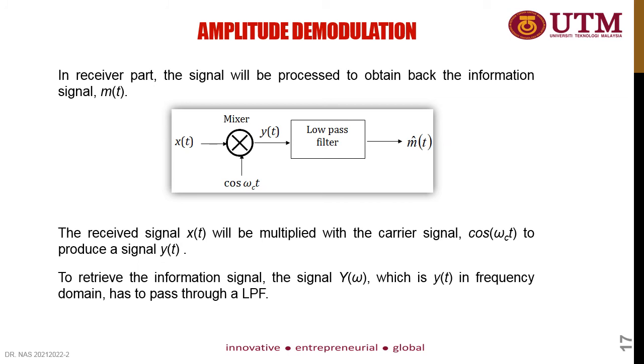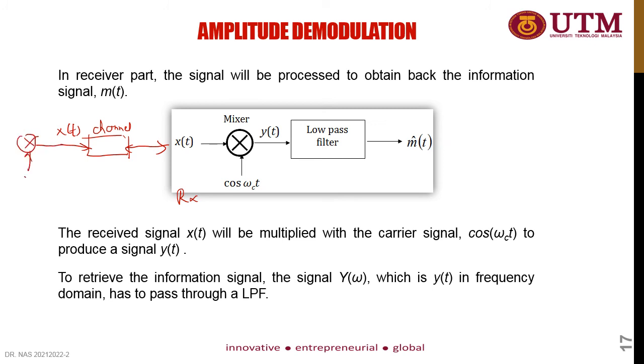As discussed earlier, once the signal has been modulated at the transmitting end, at the receiving end the signal will be demodulated so that the input signal can be recovered. Assuming this is the receiving end, here is the channel, or the transmission medium, and here you have x(t), the modulated signal.